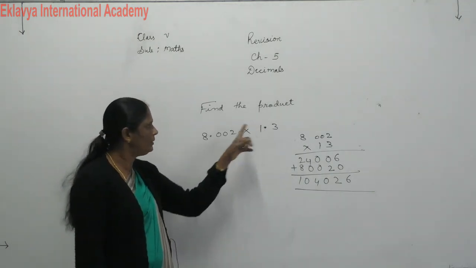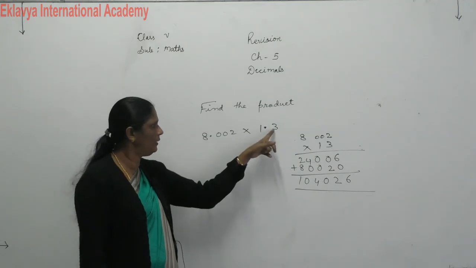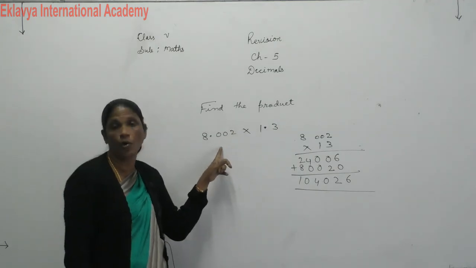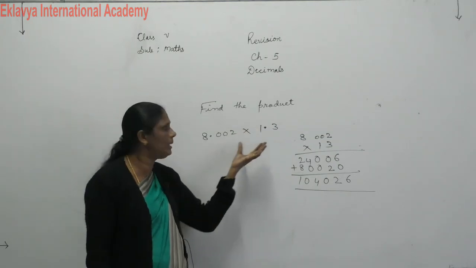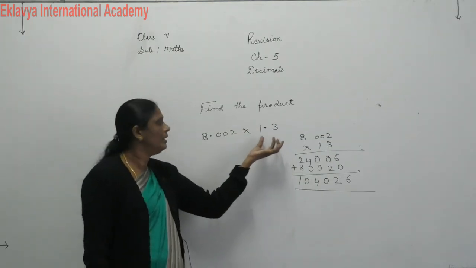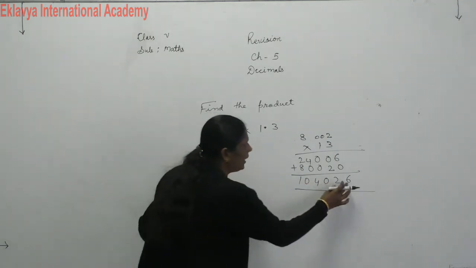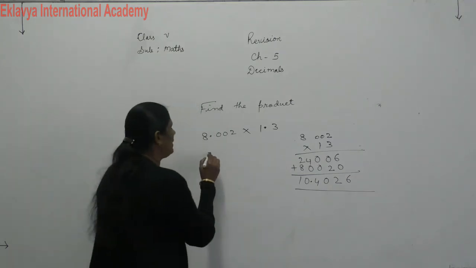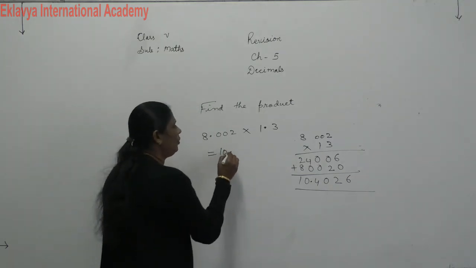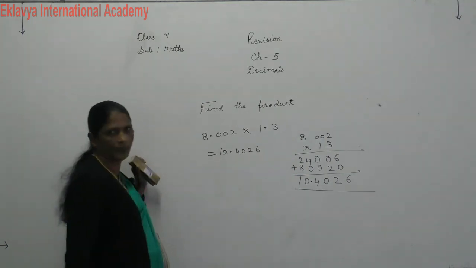Now you count the decimal places. 1 here, 3 here. 1 plus 3, 4. How many decimal places do we have in both the multiplier and multiplicand? 4. 1 here, 3 here, 4. Then 1, 2, 3, 4. Here the point. Our answer is 10.4026.